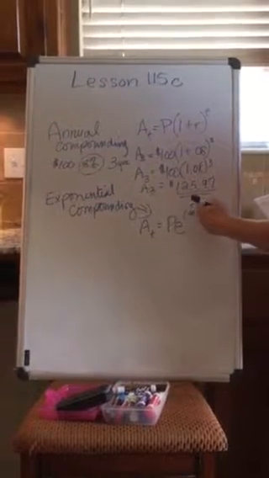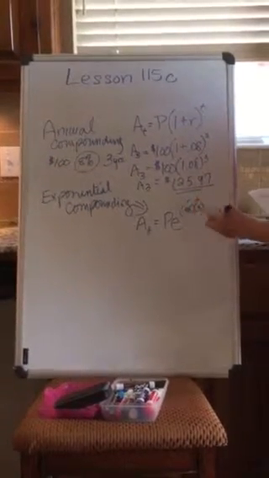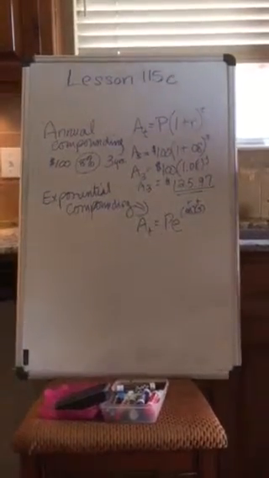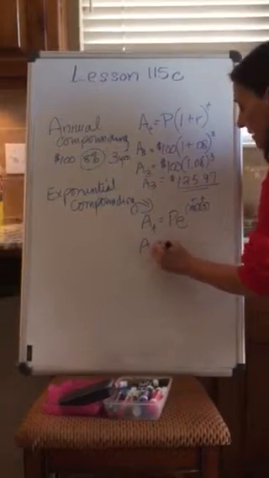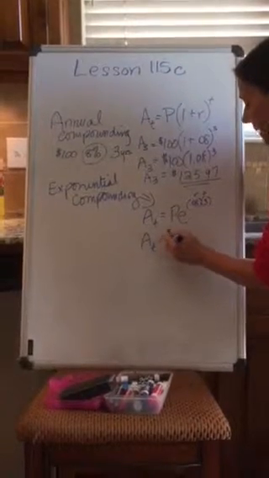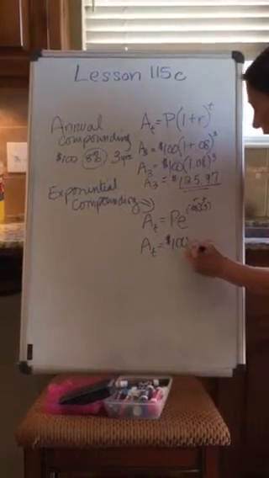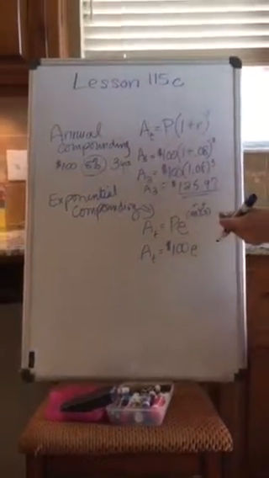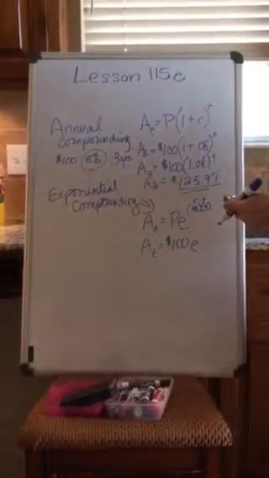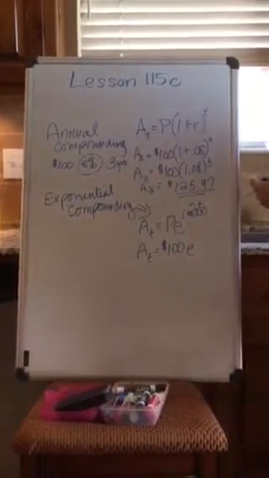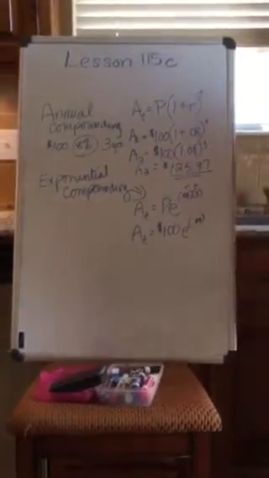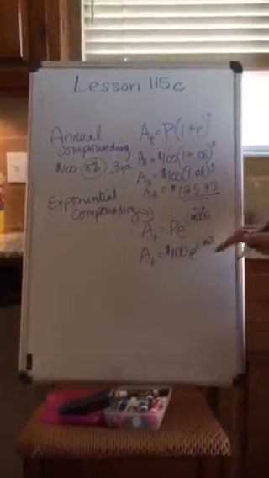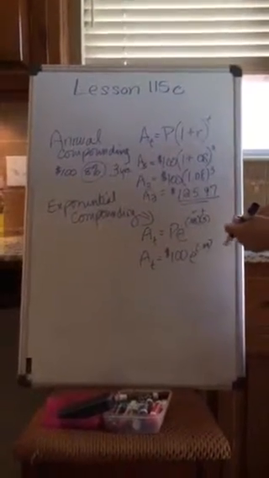So it's e raised to the rate times time, and we have 3 years. So my amount over time is going to equal my $100 that I deposit times e to the 0.08 times 3, which is 0.24.